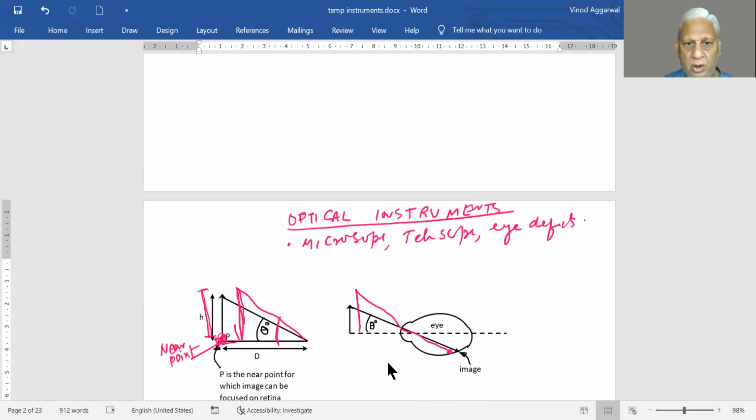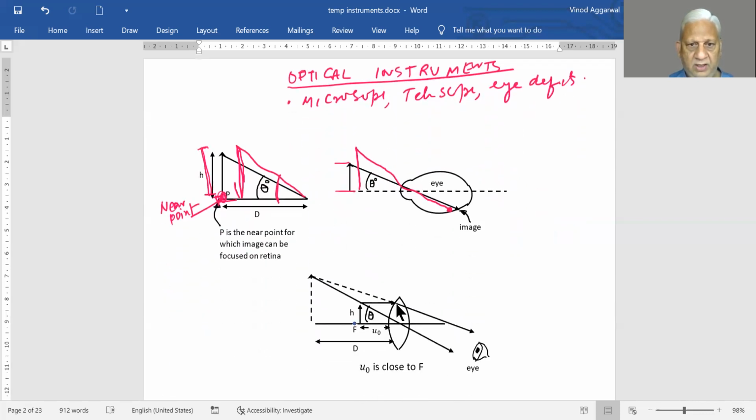Now, how can we make this object bigger? What we do is we take the help of a convex lens.